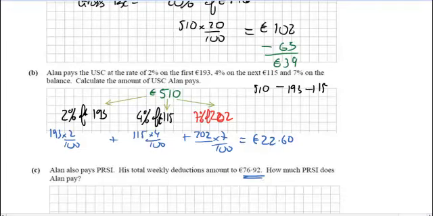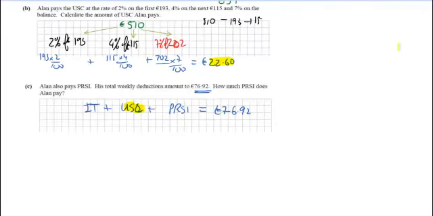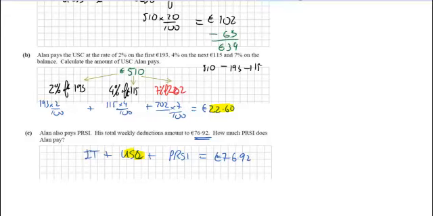How much PRSI does he pay? Well, we know income tax plus universal social charge plus PRSI must equal 76.92. Let's see what we know. This one is 22.60. We've worked out the previous one as well, which is 39. That's his income tax.